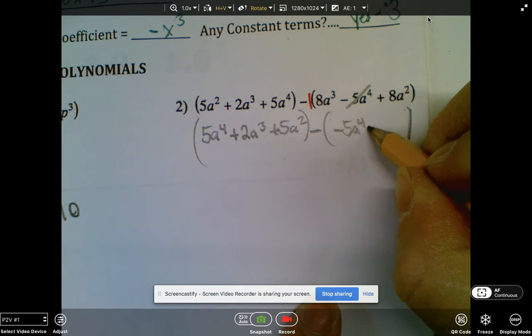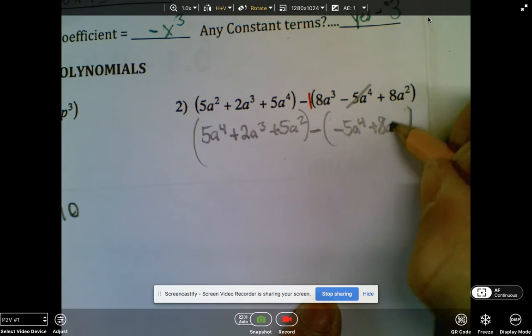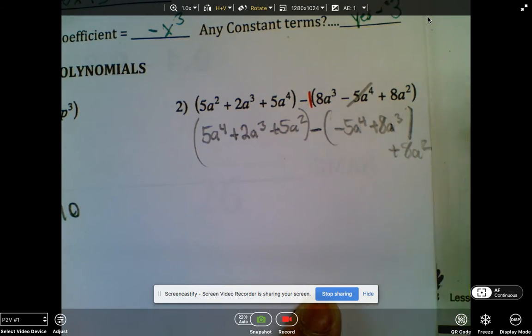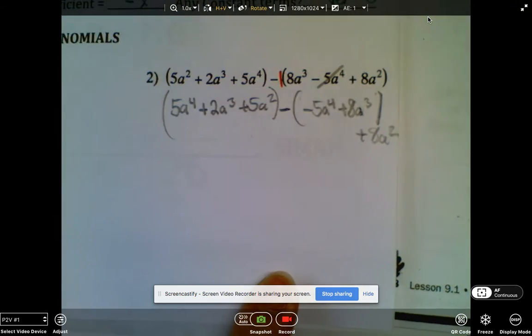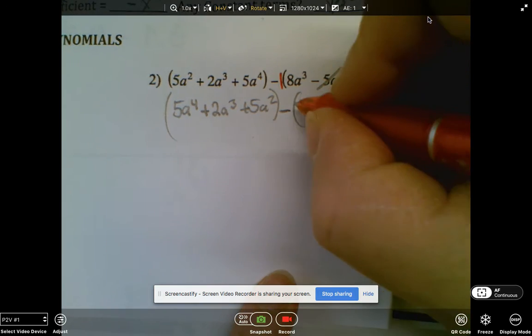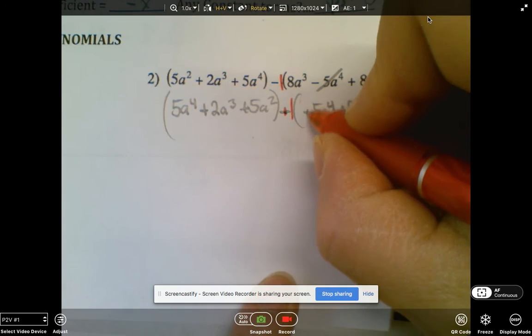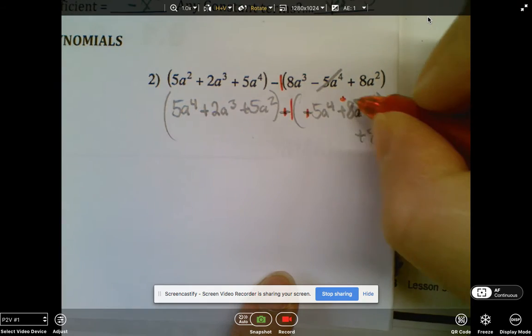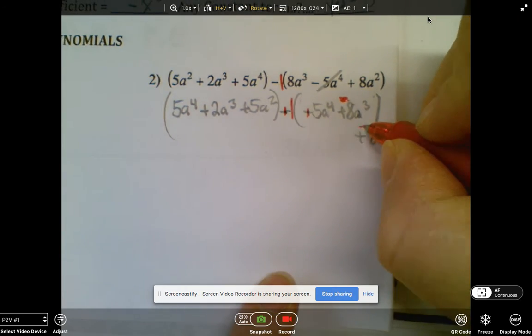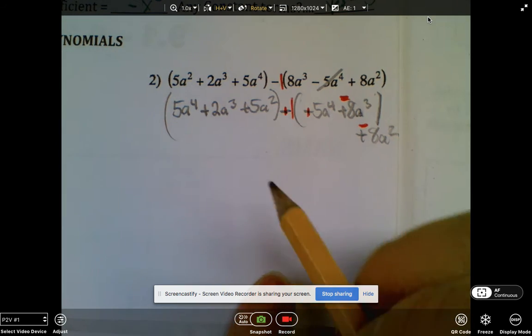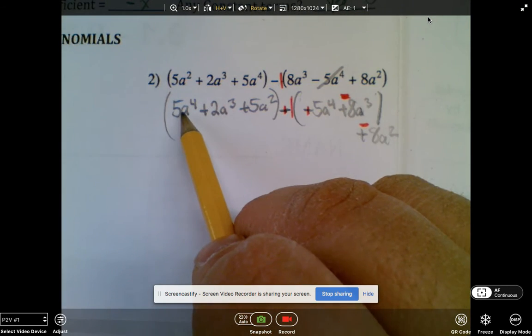Then I got degree 3, plus 8a to the third, and then plus 8a squared. Okay, so I'm going to distribute this negative to the inside with my assumed 1. So I'm going to change this to plus, a positive, a negative, and a negative.